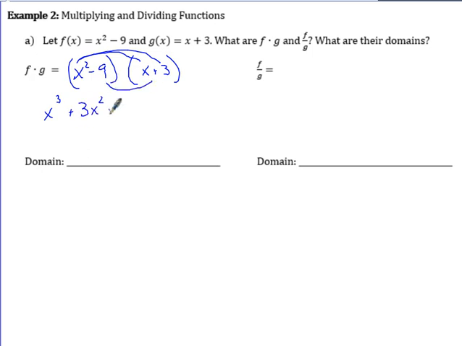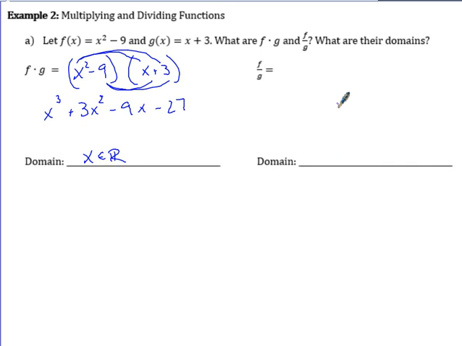Negative 9 times x is negative 9x. And negative 9 times 3 is negative 27. I have to double check there. There are no like terms, so that's going to be my function. And then the domain, I have no fractions and I have no square roots, so that domain is going to be x as an element of the real numbers.